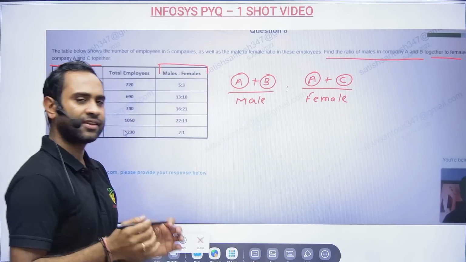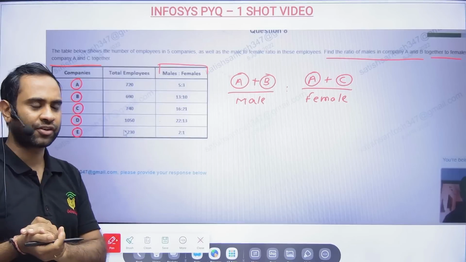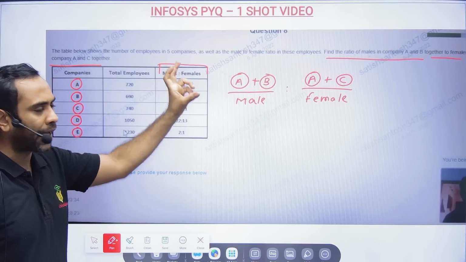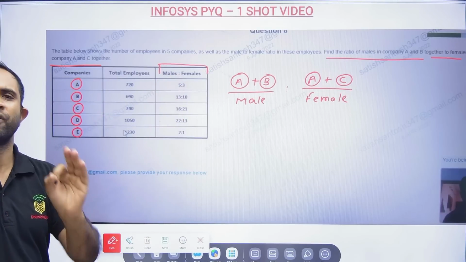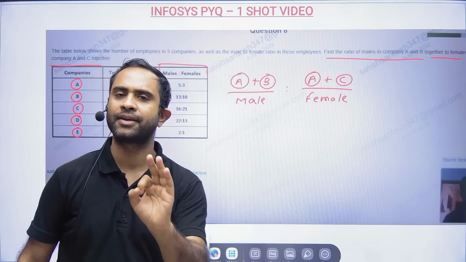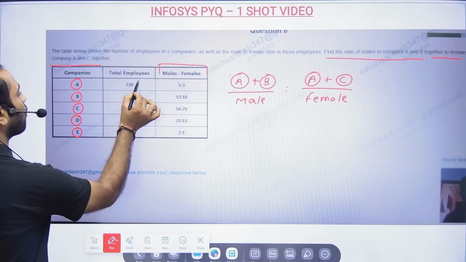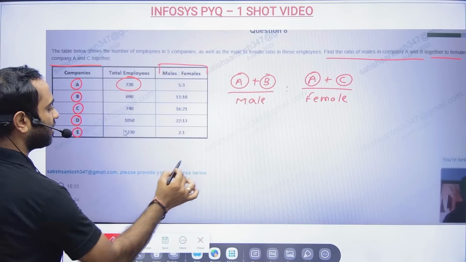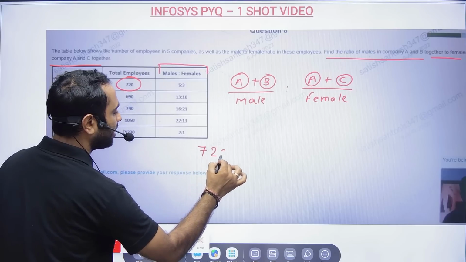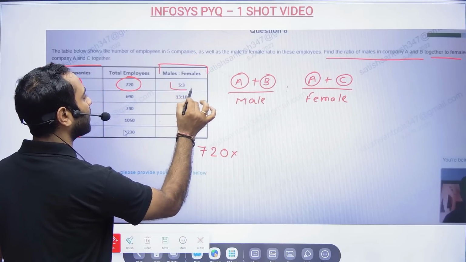The first thing whenever you get an aptitude question is to write down the data. Once you write the data, 50% of your question is solved right there. Company A's total employees is 720, and the male to female ratio is 5:3.